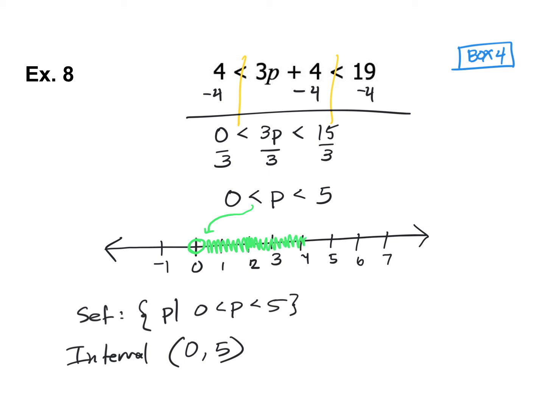And then I go to the next part. And I have 5. p is less than 5, so p is going to be on the left hand side. So all that shaded region represents my solution.